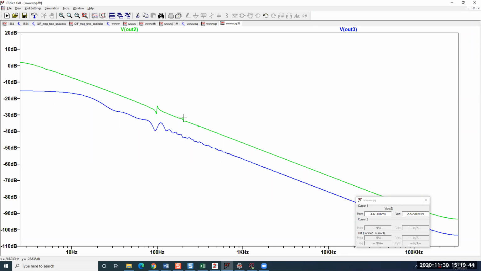Sorry. So there is still something going on at 100 hertz, right? But we're getting a DC value, which is being attenuated, and which isn't displayed, but that's kind of what's going on here.